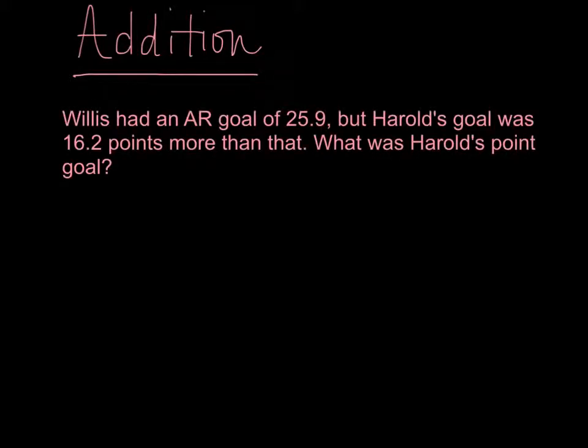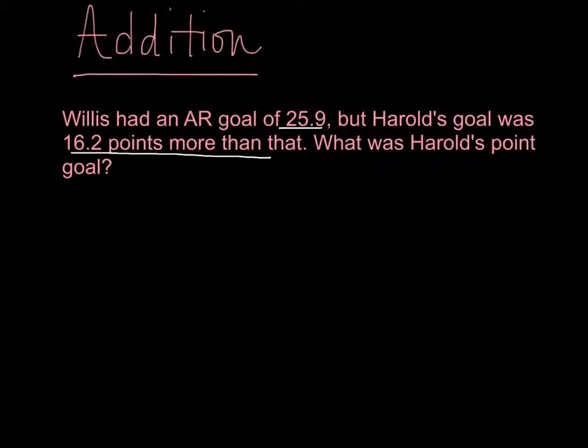The first problem says Willis had an AR goal of 25 and 9/10, but Harold's goal was 16 and 2/10 points more than that. What was Harold's point goal? For this problem, we know we're starting with 25.9, and then Harold's goal is 16 and 2/10 points more than that.